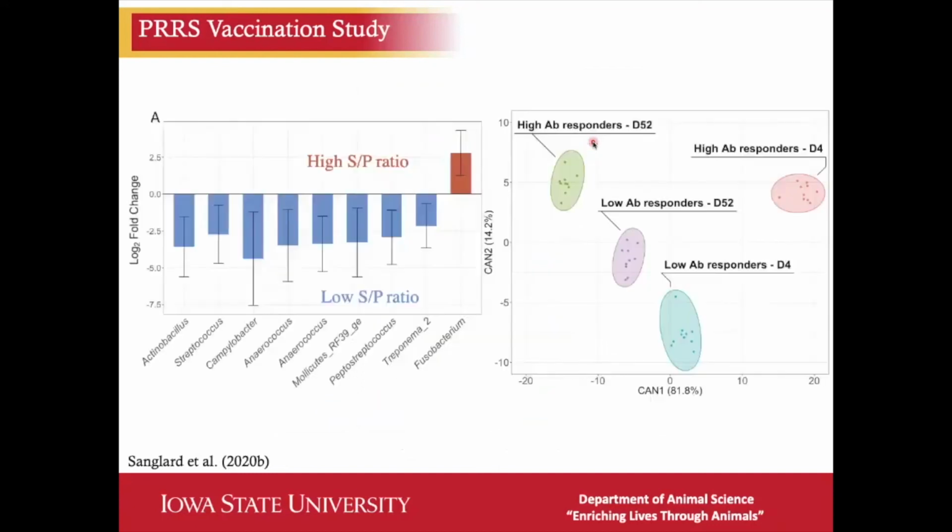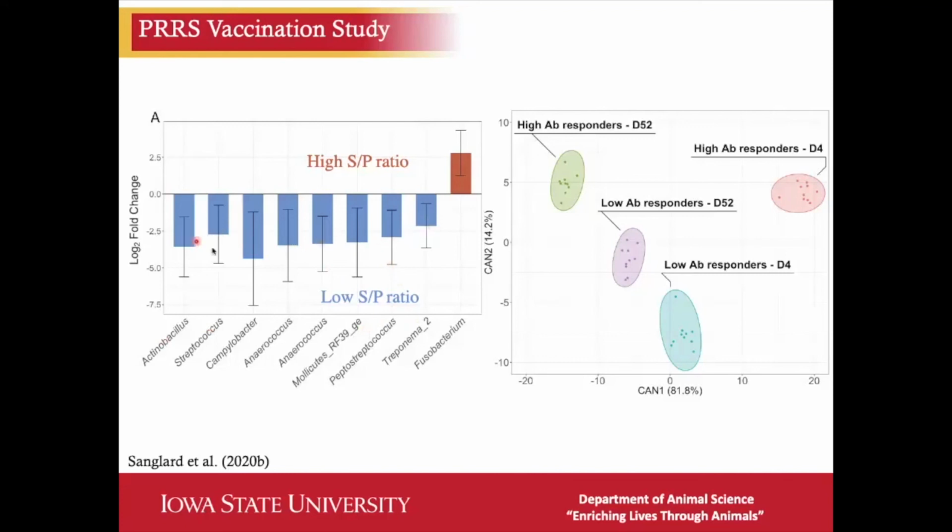But what I want to show to you is that we can use these bacteria to try to find relationships with performance. So when we looked at the relationship between the abundance, how much bacteria animals have, and aspirate ratio, we can find that animals that have very low antibody response, those low responders that I mentioned to you before, have high abundance of some of these bacteria here.